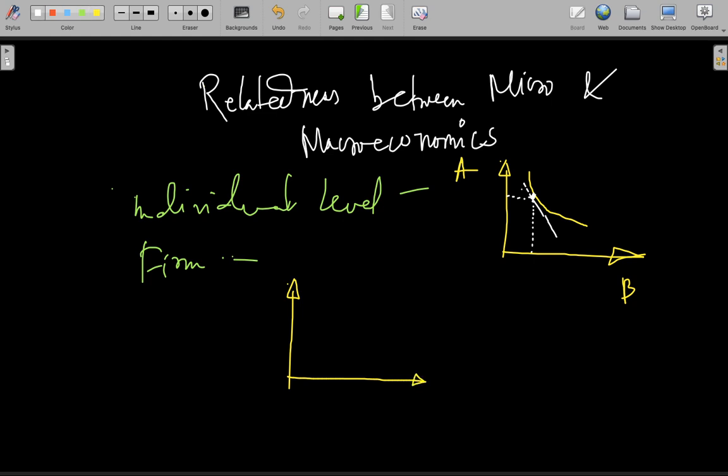So let's say the price is like this, and the cost, say we draw a straight line cost curve, is like this, and he is able to supply at this price. Again, you can think of different price levels and different costs for inputs, and you can get a supply curve for the farm, right? That is how you derive the supply curve for the farm, and we have seen in microeconomics how we do that.